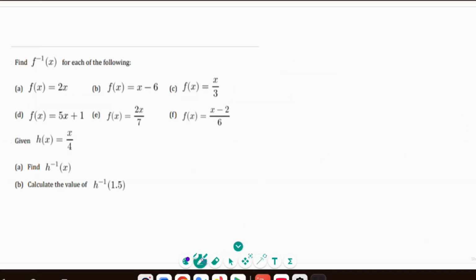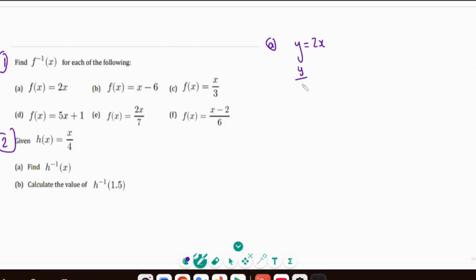Okay, if you want to have a go at these yourself first, by all means put me on pause. If not, you might want to watch me demonstrate the first few and have a go at the rest. Okay, so for this first one, put it equal to y.